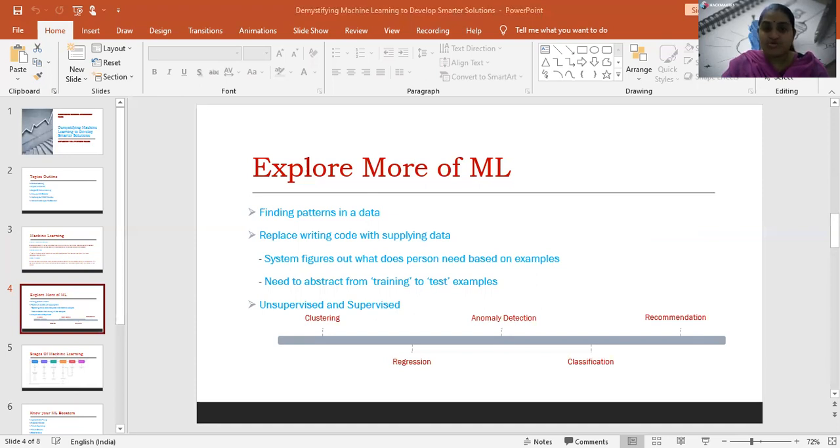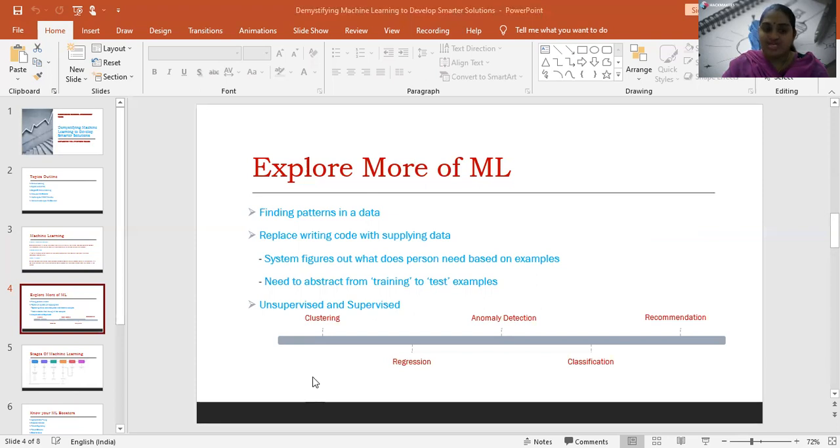Splitting the dataset into groups based on similarity is termed clustering. Identifying unusual data points in a dataset is called anomaly detection. Recommendation is a way of recommending something to someone, such as buying products based on their previous purchases or articles to read based on their reading history.